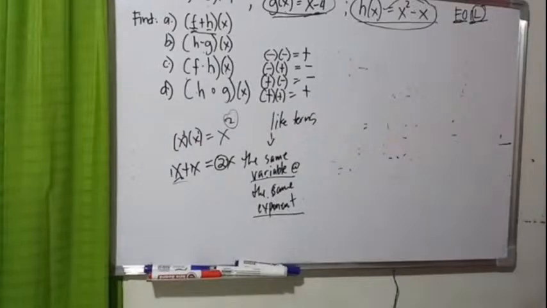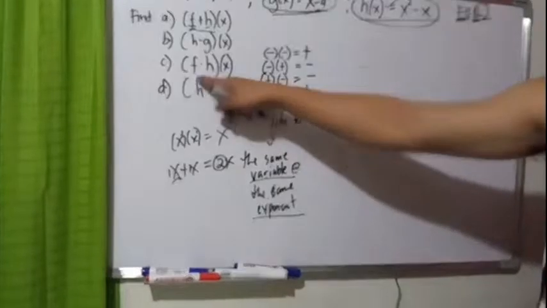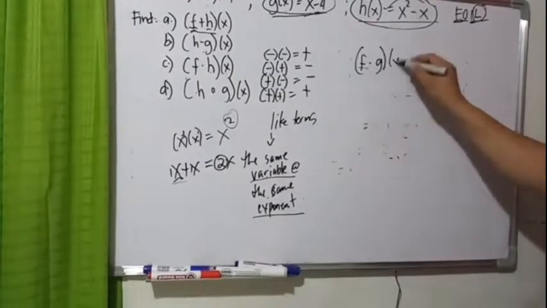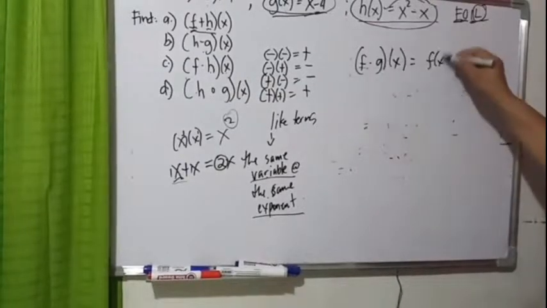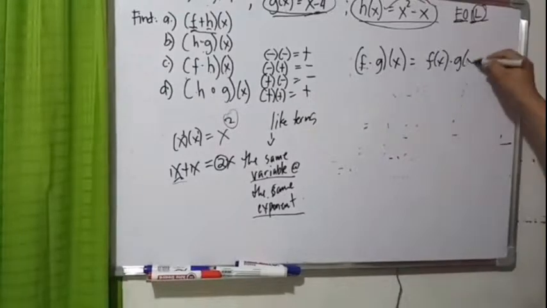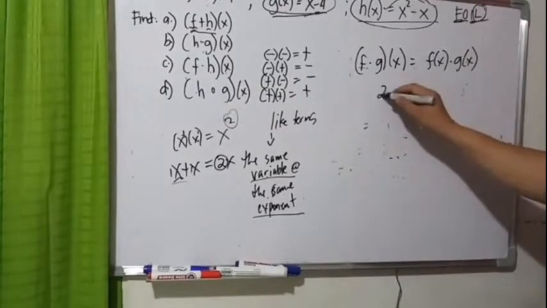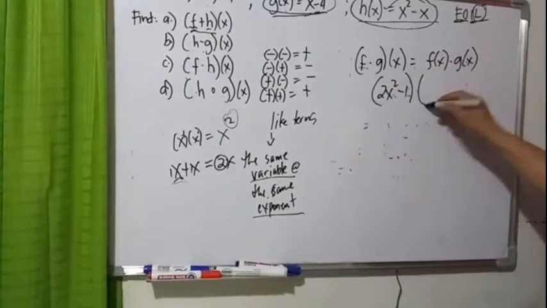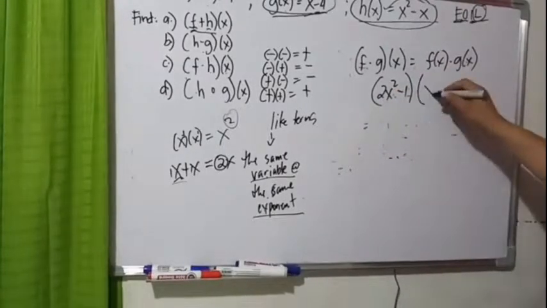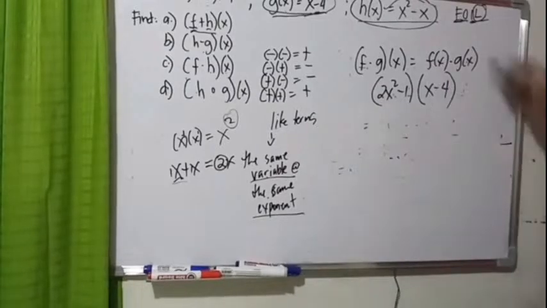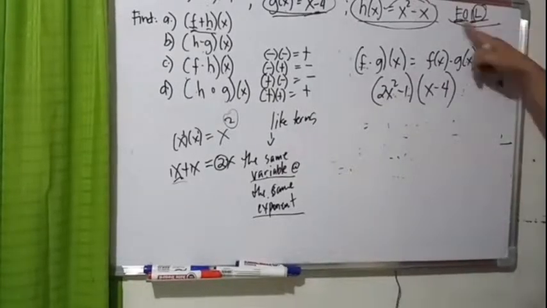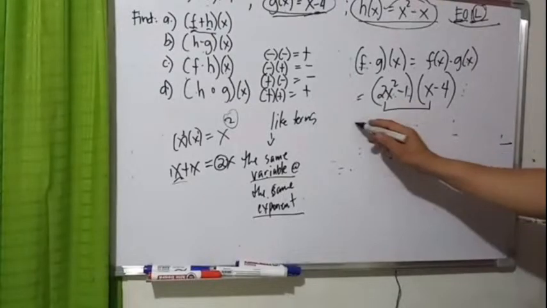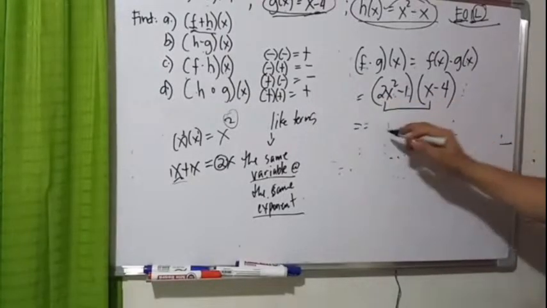Okay. F times G times X equals F of X times G of X. The F of X is 2x squared minus 1 times g of x, which is x minus 4, using FOIL again. So first, 2x squared times x: 2 times 1 is 2.